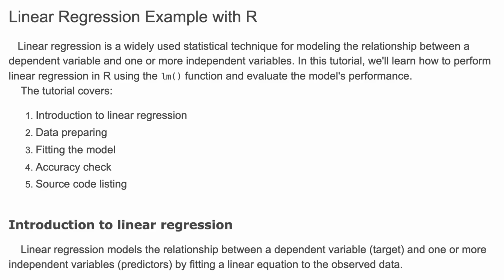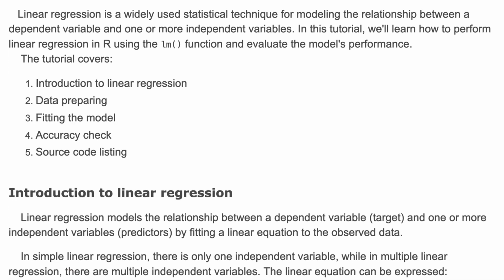Linear regression models the relationship between a dependent variable, the target, and one or more independent variables, which are predictors, by fitting a linear equation to the observed data. In simple linear regression, there is only one independent variable, while in multiple linear regression, there are multiple independent variables.